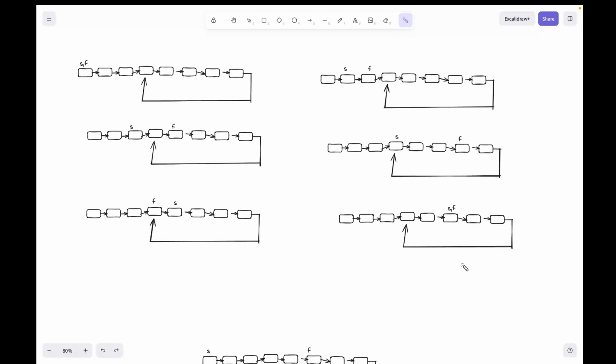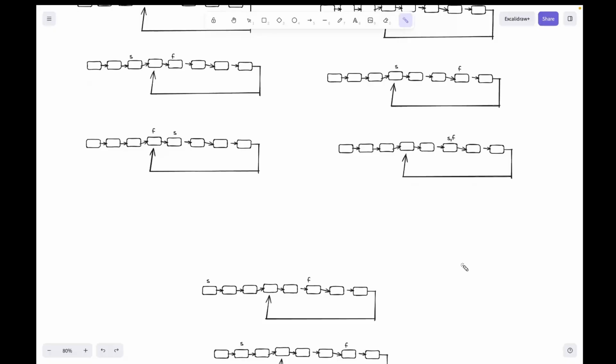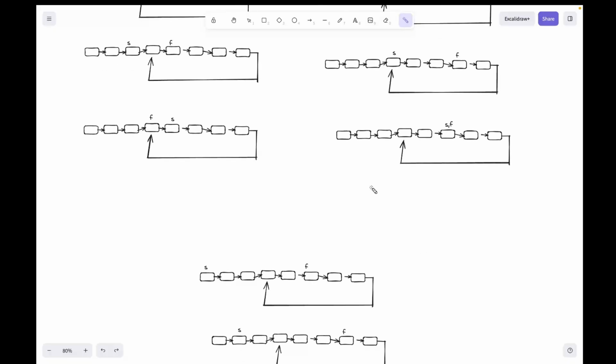If we got the cycle, then we assign slow to the head. So my slow went back to the head, and this time I tell slow to move one position, and fast, you also have to move one position.